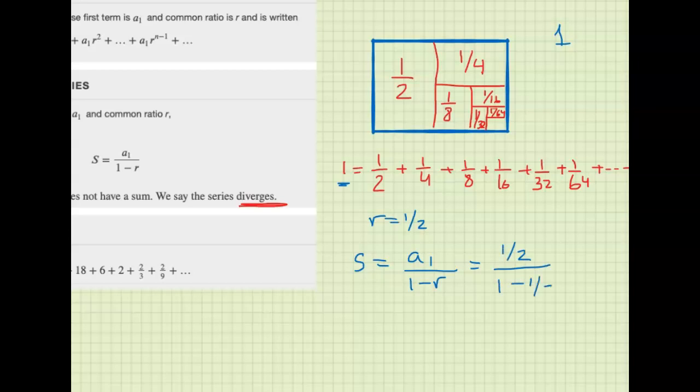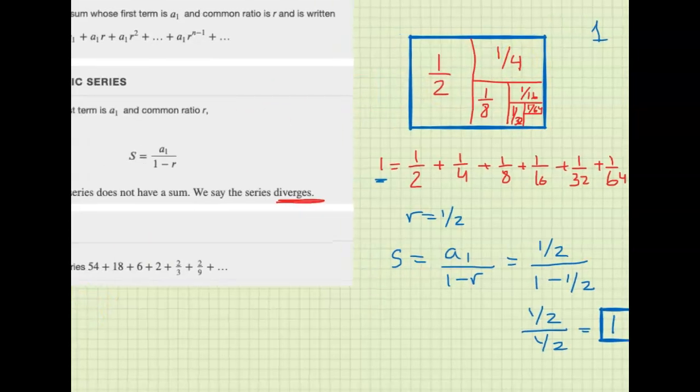Then 1 minus 1/2. So this gives me 1/2 on top. 1 minus 1/2 is 1/2. And 1/2 divided by 1/2 is 1. So you can see that the formula is verified with what we know about a piece of paper.